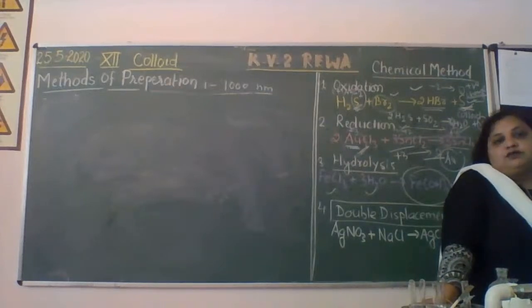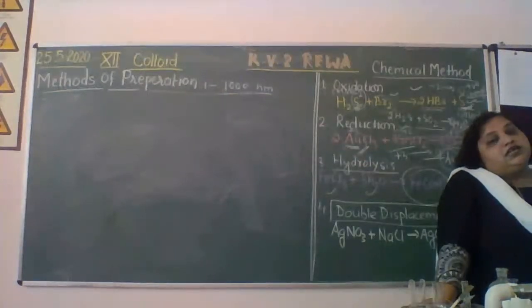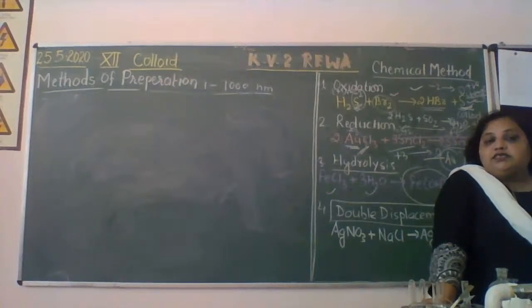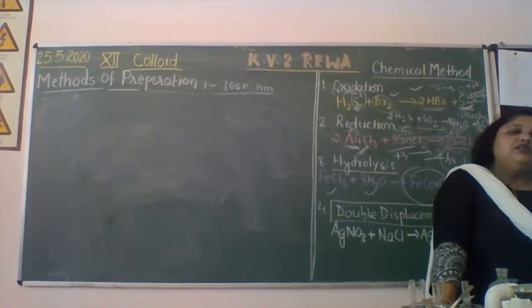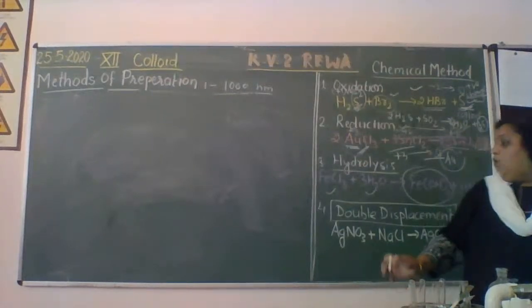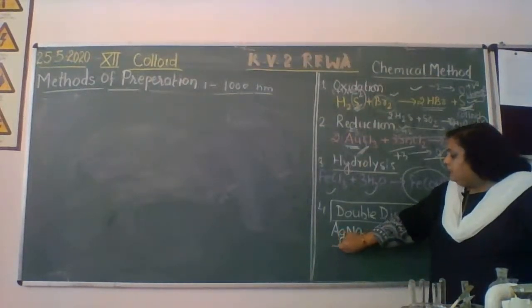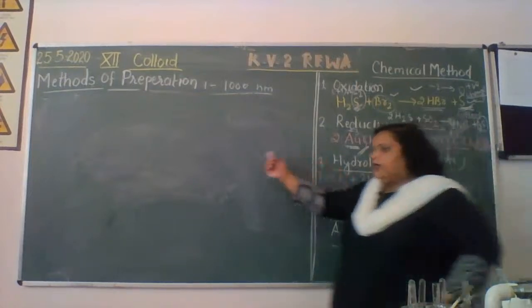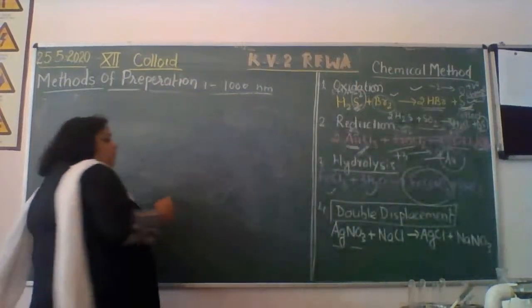Both the salts, both the reactants, exchange their ions. Dissociation of both the reactants takes place in such a way that they exchange their counterparts. What you can see here is AgNO3, silver nitrate.